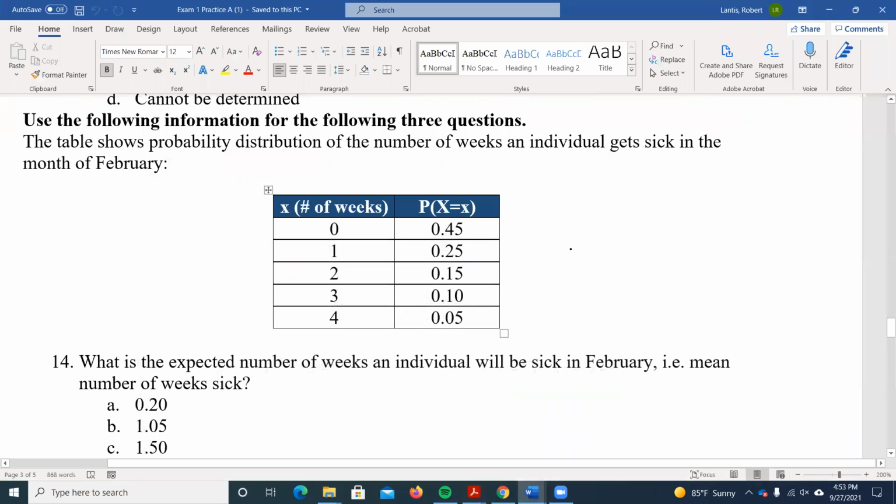So for this one, that means going through, taking that first outcome of 0, multiplying it by the probability it occurs of 0.45, adding to that the next outcome of 1, multiplying it by the probability it occurs, which is 0.25, then continuing this process until we run through every single possible outcome.